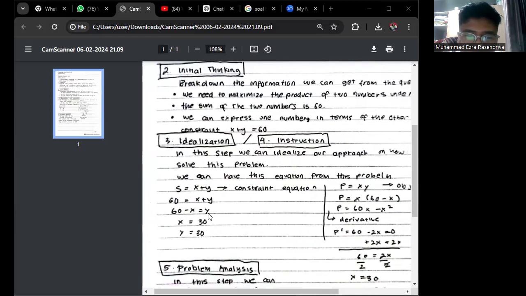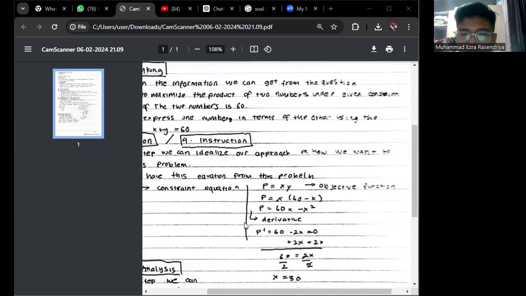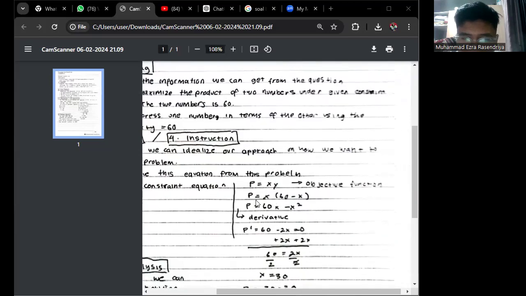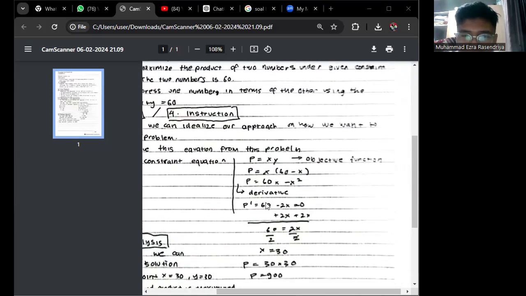From this we can get y, which is 60 minus x. Then we can move on to the objective function, where we calculate x times y, where y is 60 minus x. We get 60x minus x squared.